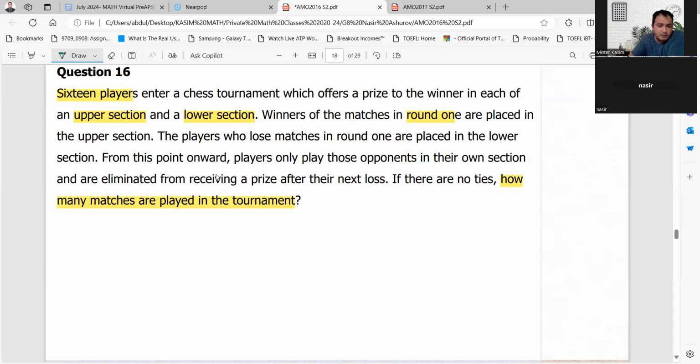And from this point onward, players only play opponents in their own section and are eliminated from receiving a prize after their next loss. So that means you only have one right to lose, and after the second loss you'll be kicked out of the game. You got it? Yeah. Okay. The question is, altogether, how many matches are played in this tournament?